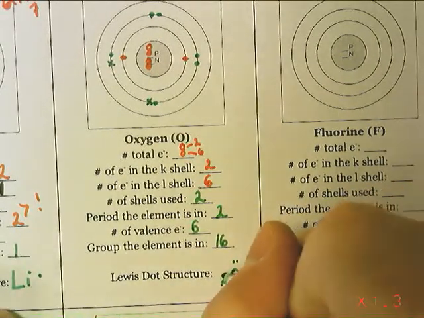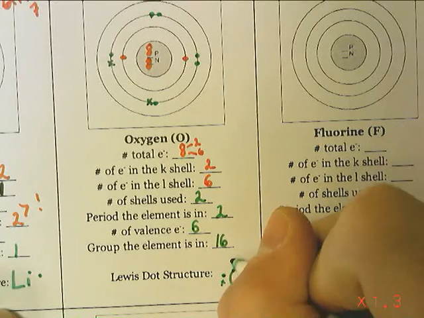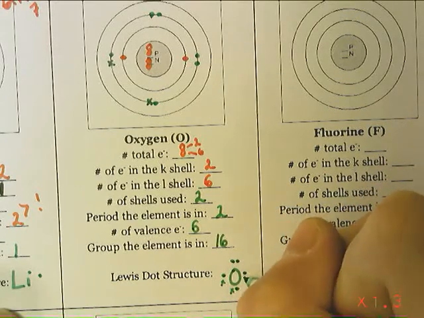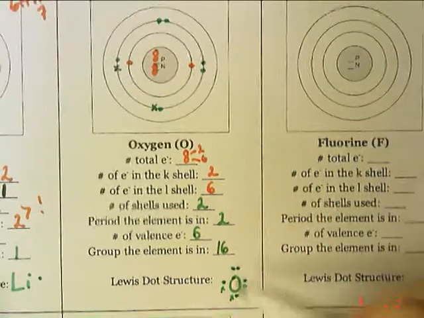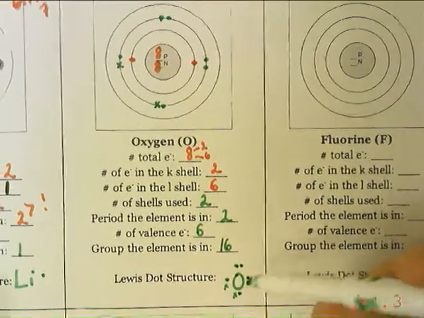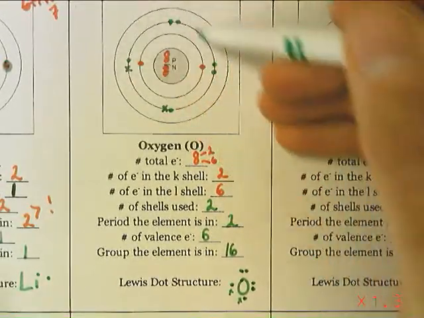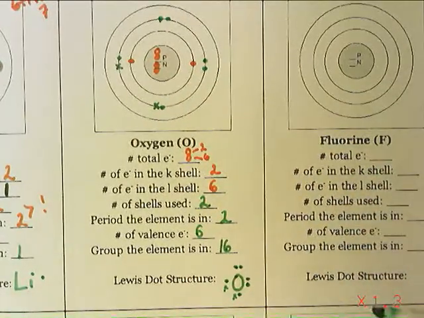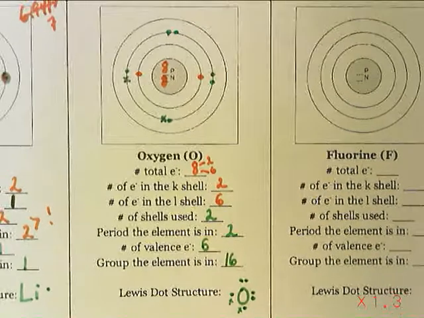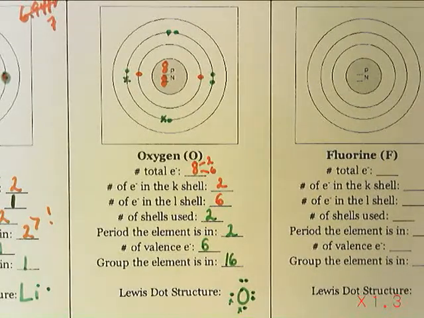Make these dots a little more prominent. So Lewis dot structures show the valence electrons, just the ones that are in the outer ring. And that's really all we need to know about. And you'll see why in weeks to come.